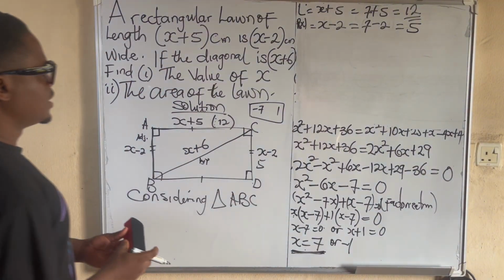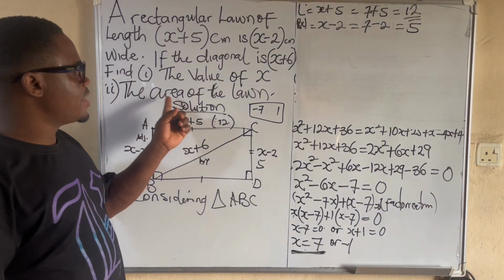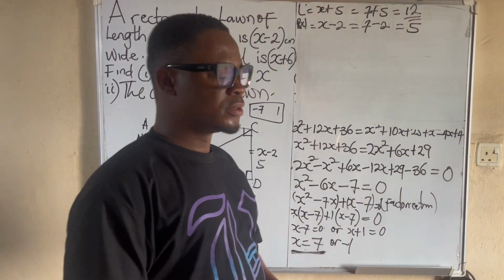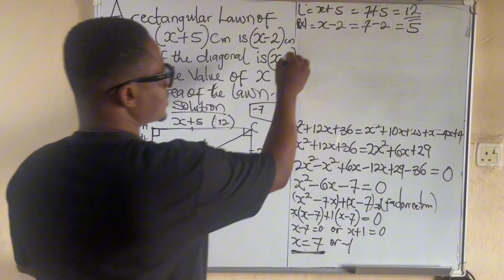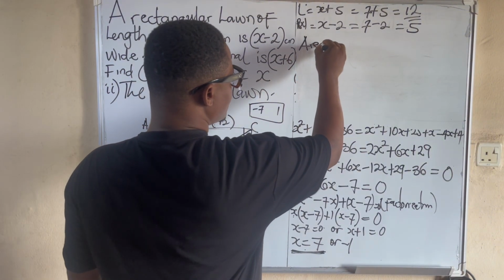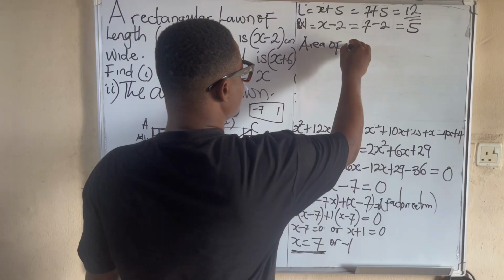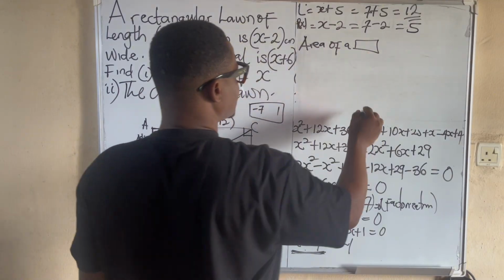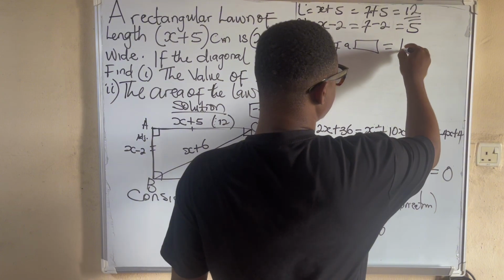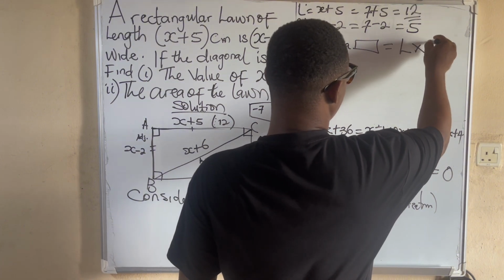So with this, the second question says we should find the area of the lawn. How do you find the area of a rectangle? The area of a rectangle is equal to the length times the width.